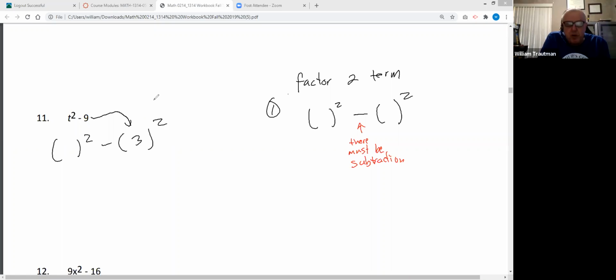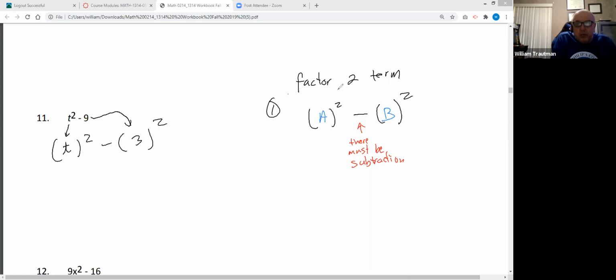Okay, what goes into parentheses so we get t squared? T. Do you see? Now I have t squared minus 9. Step 1, make it look like this, a square. Something squared minus something squared. And I'm going to call this A, and I'm going to call this B.